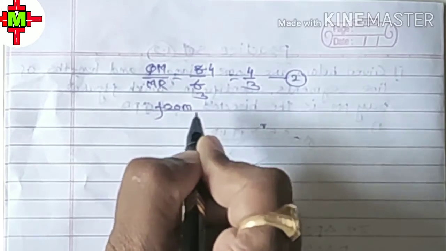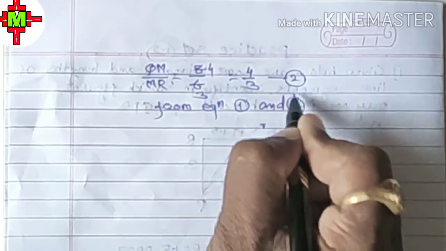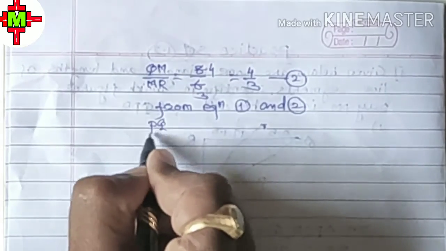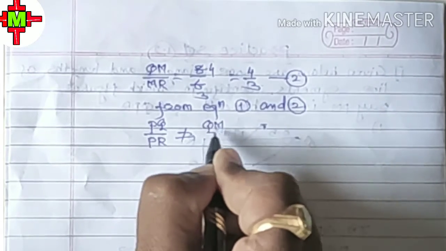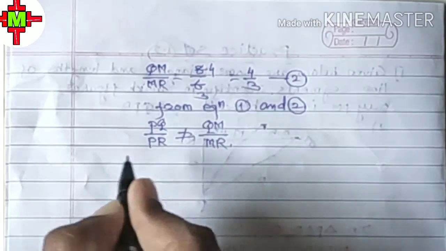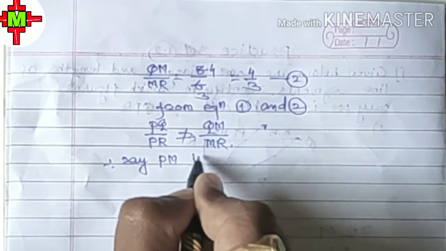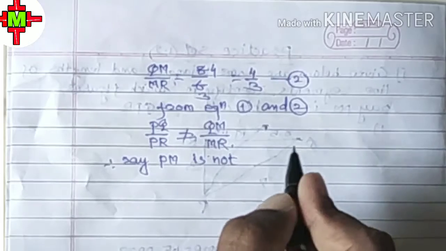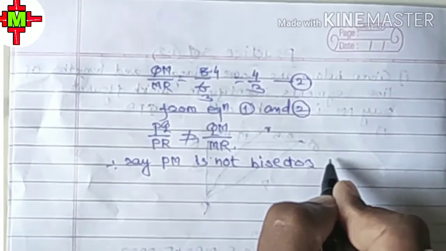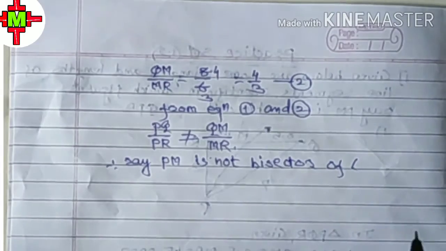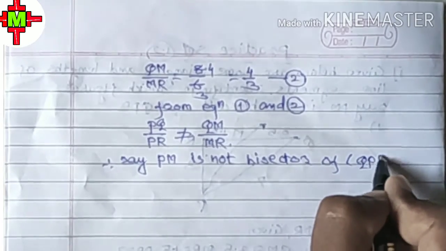From equation 1 and 2 again, PQ divided by PR is not equal to QM divided by MR. Therefore, ray PM is not bisector of angle QPR. This is the second example.